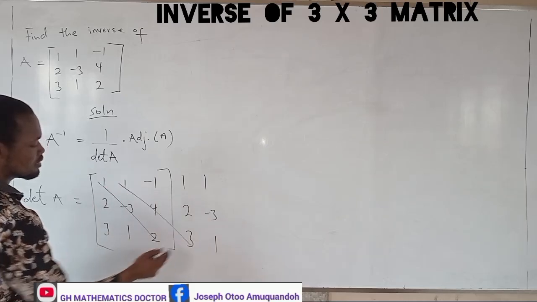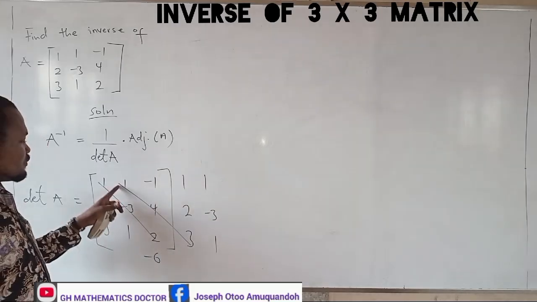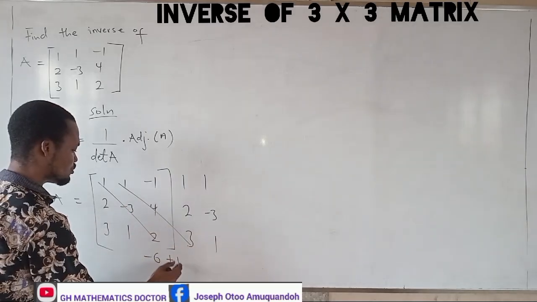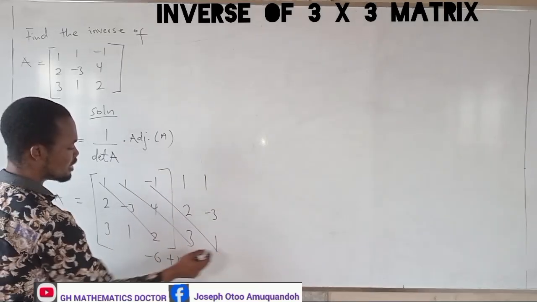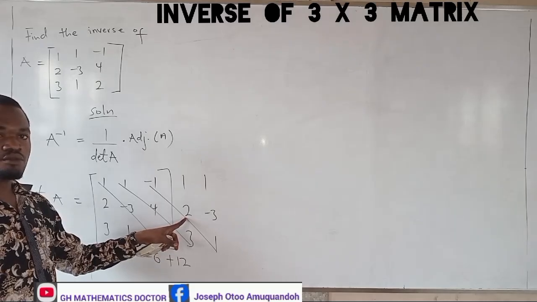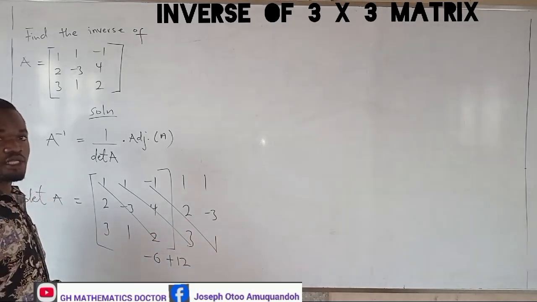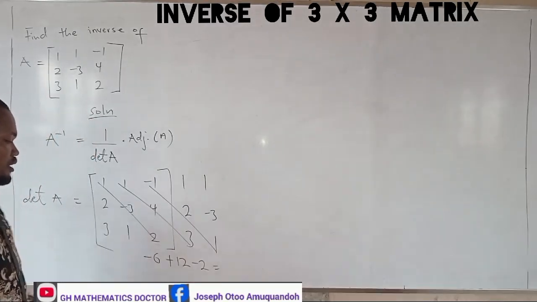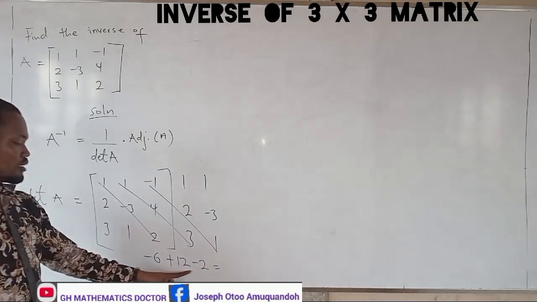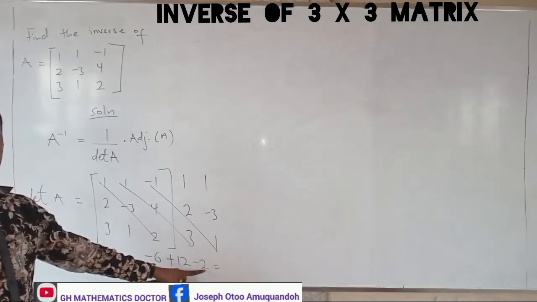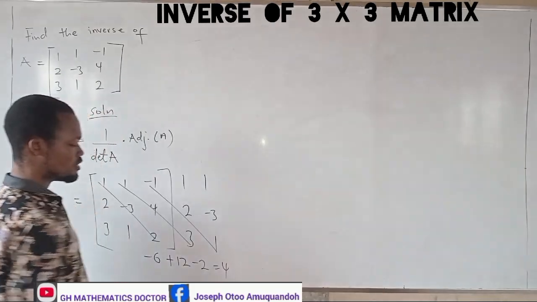Coming to the second left diagonal, everything here is positive, so plus 12. Then here we have negative 1 times 2, negative 2, times 1, which gives you negative 2. So this will give you positive 6 minus 2, which is positive 4.